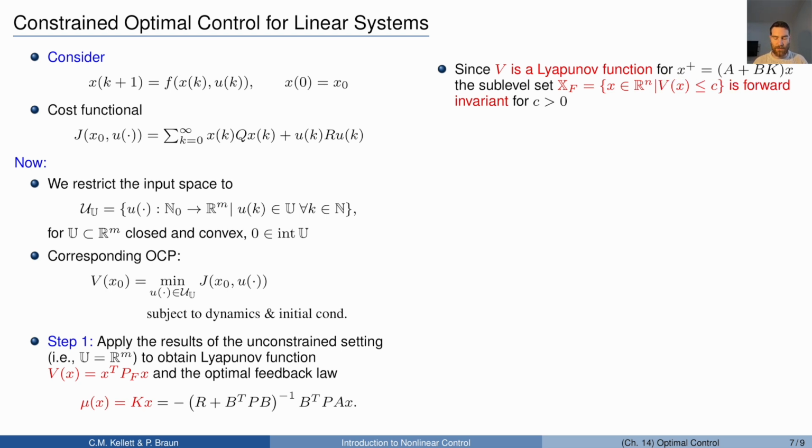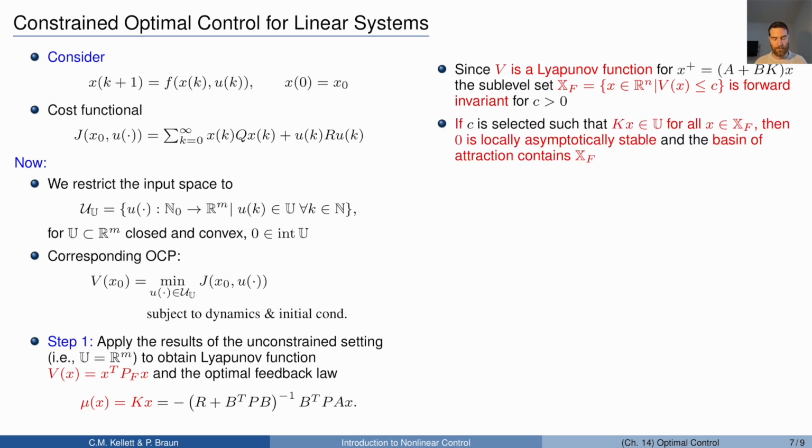So if that's the case, then we can look at the closed loop dynamics, x plus is equal to (A plus BK)x. And we can define the set XF as an arbitrary sublevel set of the Lyapunov function, V of x less or equal to c. And that set is forward invariant for all c, but we will select a particular c now.